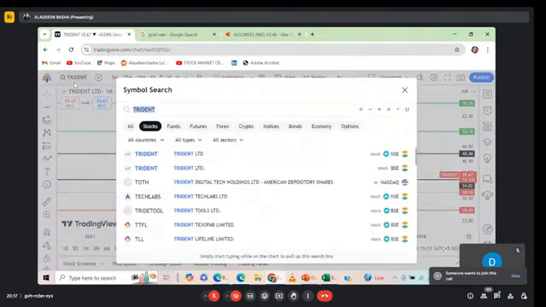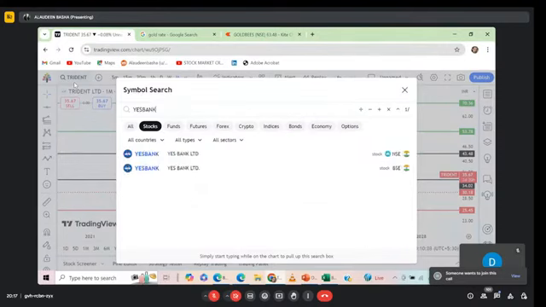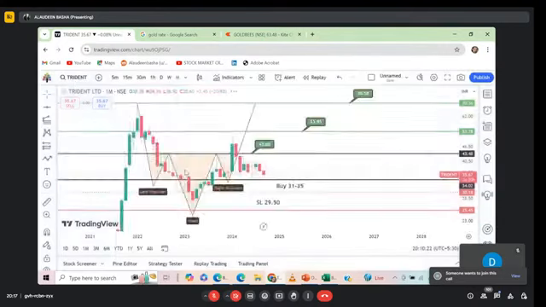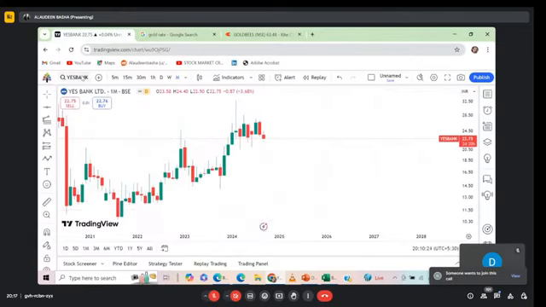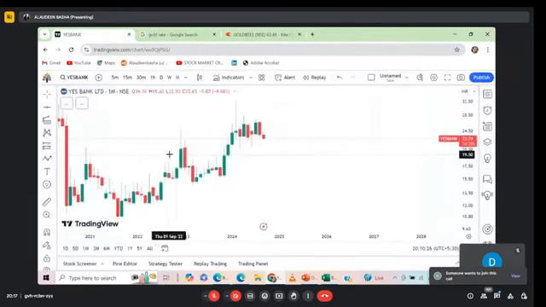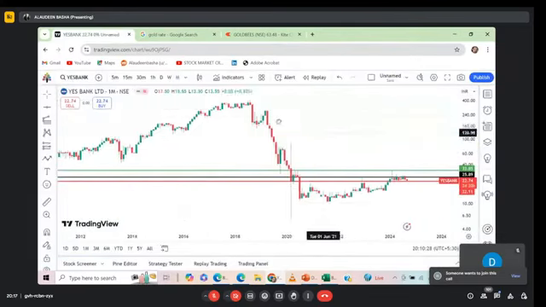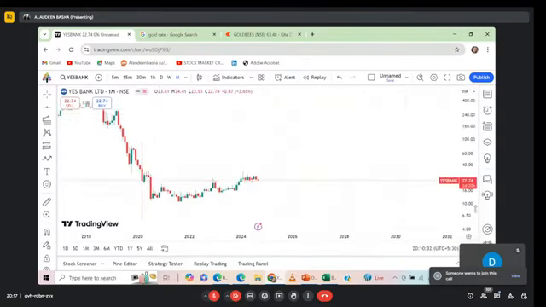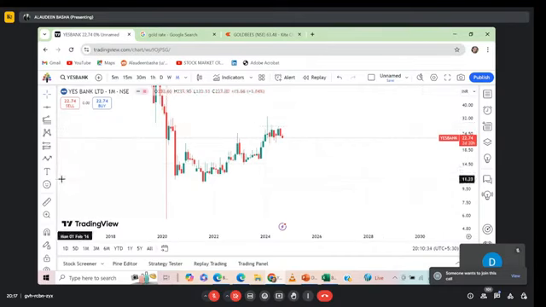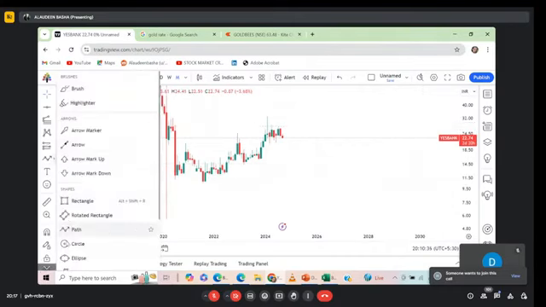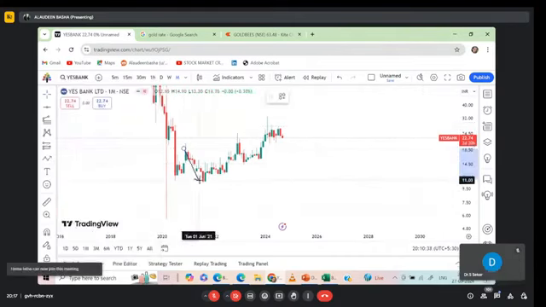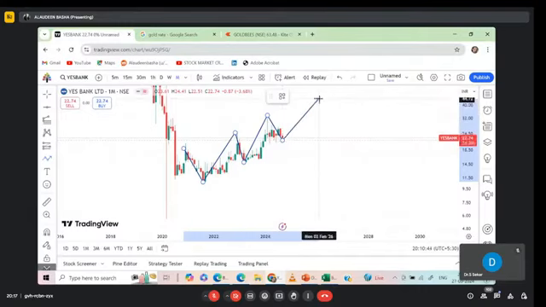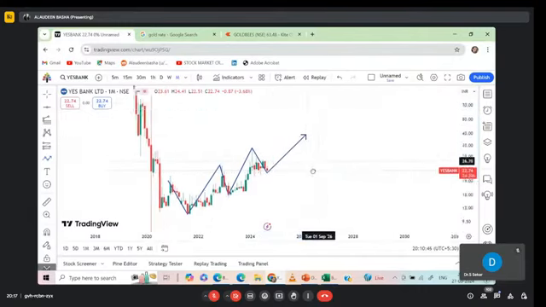And the second one is Yes Bank. Yes Bank is also a good one. It's moving on higher high and higher high. Higher high, higher low, higher high, again higher low, and again a move to a higher high.